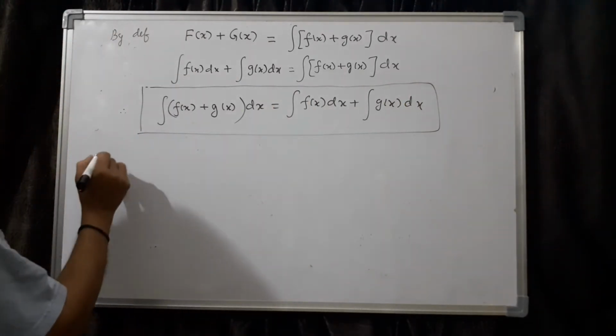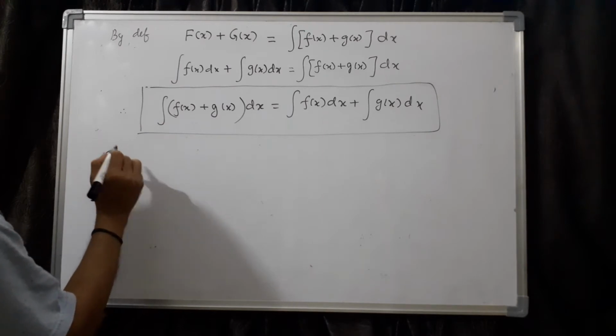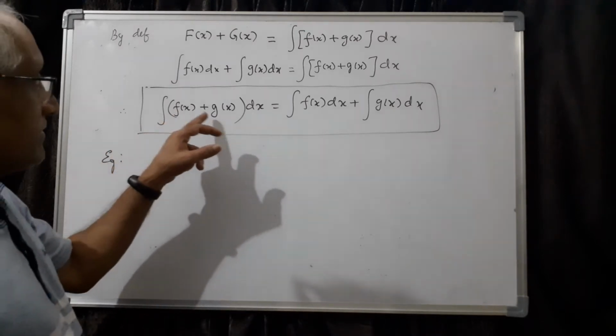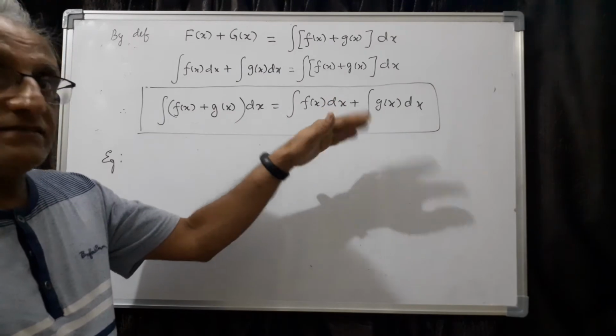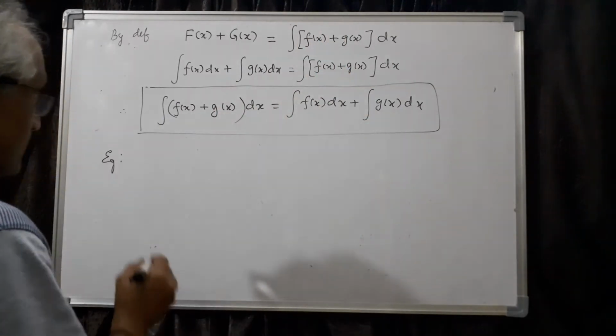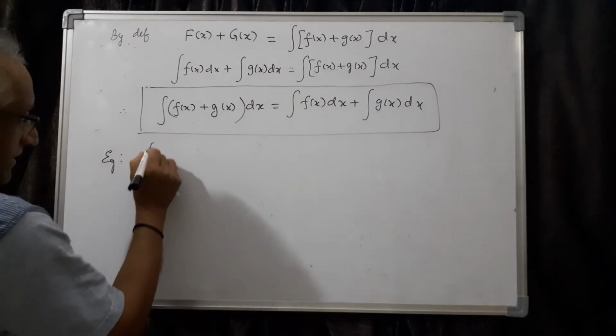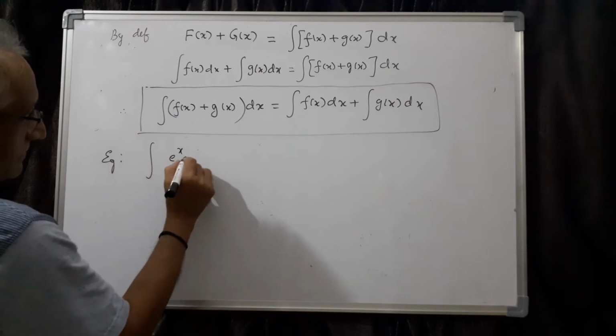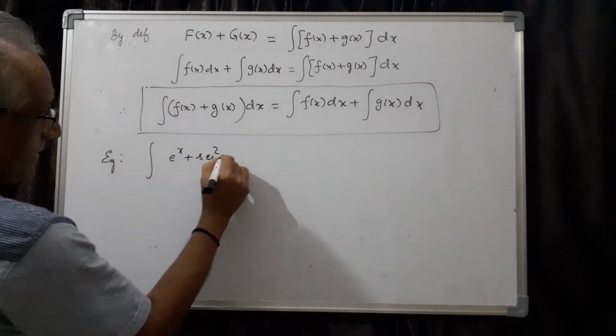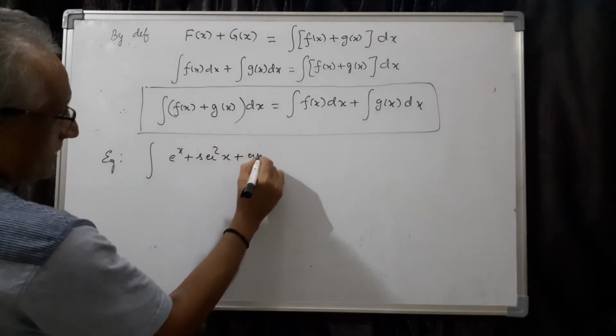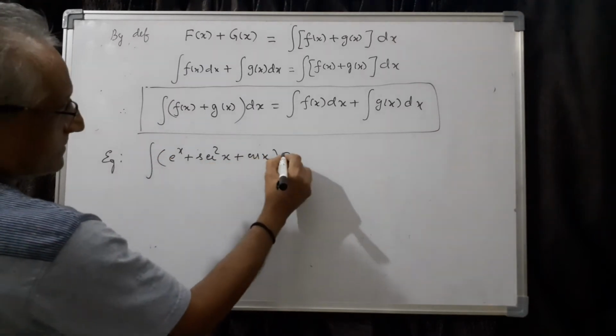Now let me take some examples once again. The generalization is that if, instead of f and g, there are three functions, it is also true. Say, for example, we want to find the integration of e^x plus sec squared x plus cos x dx.